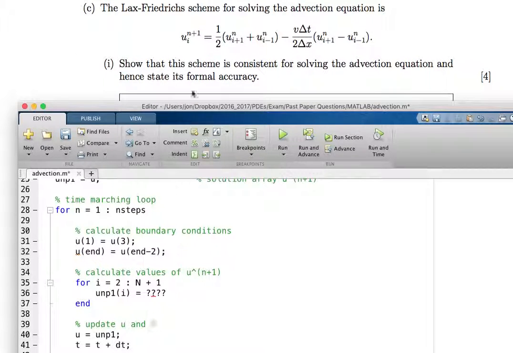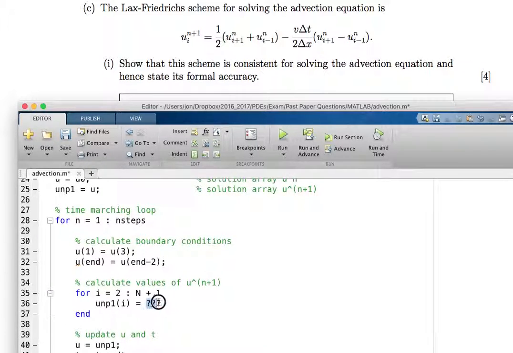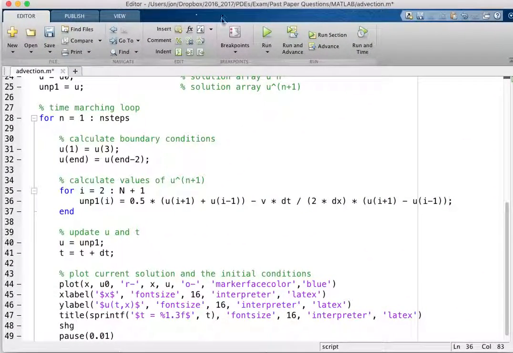For the ith node, I'm going to write the command to compute the solution: a half times u(i+1) plus u(i-1), minus velocity times delta t over 2 times delta x, multiplied by the solution at u(i+1) minus u(i-1). Right, now I'm just going to press the run button and see if it works.